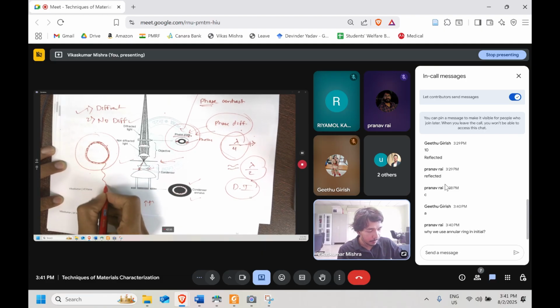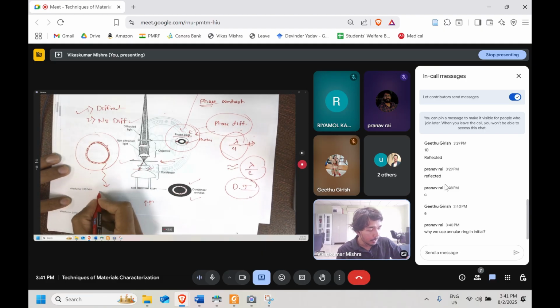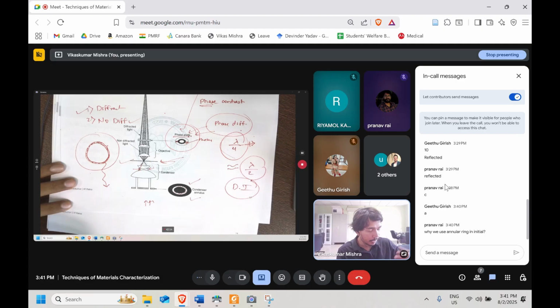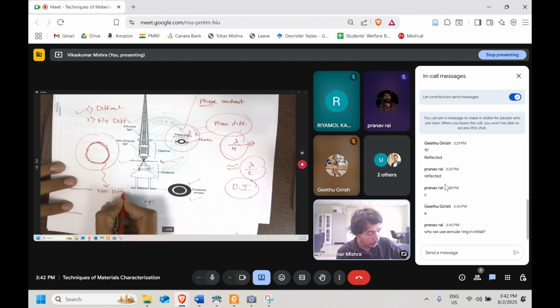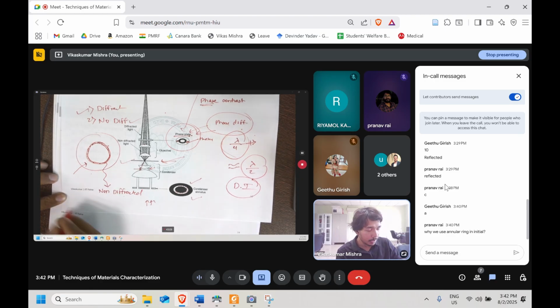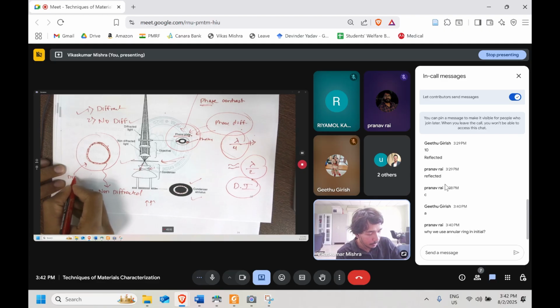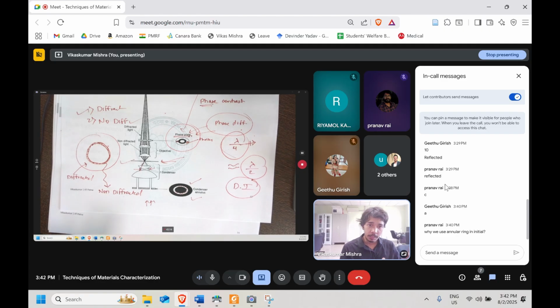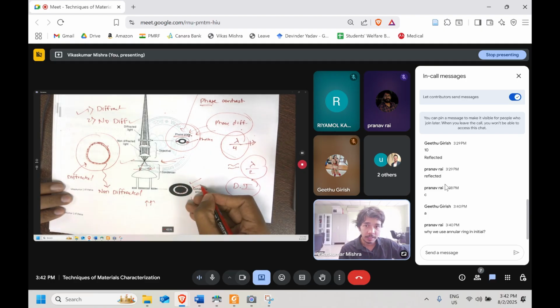This dark section will only allow the non-diffracted beam to pass, while the remaining part will allow the diffracted one to pass. It is because of the geometry that we have created initially, the ray.